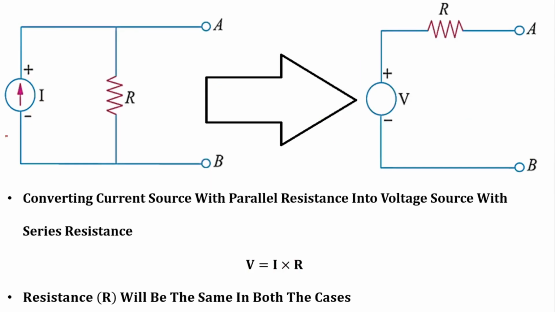Now consider the second case. If we have a current source with parallel resistance, then this current source will be converted into a voltage source with series resistance.